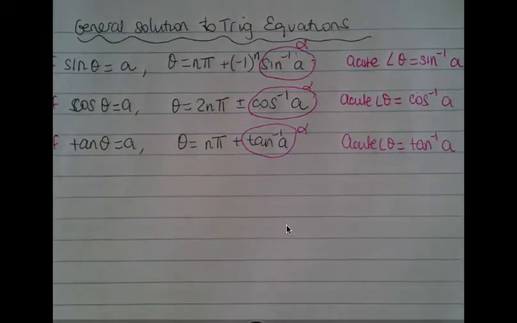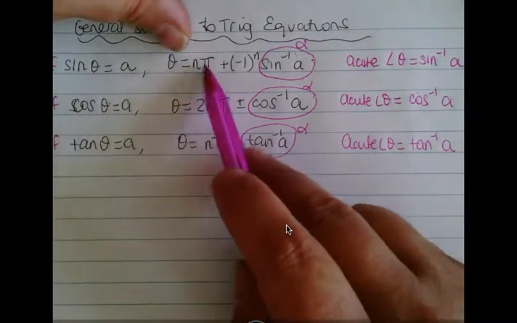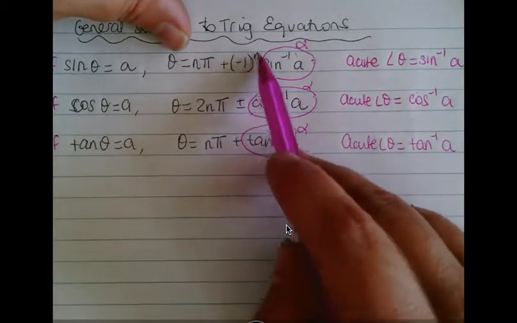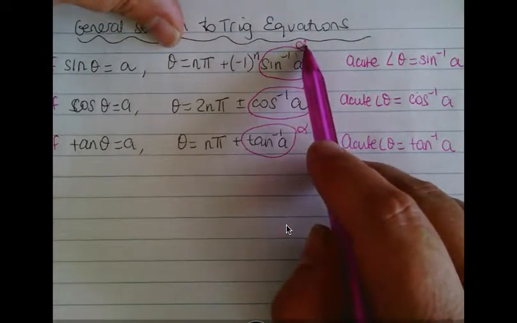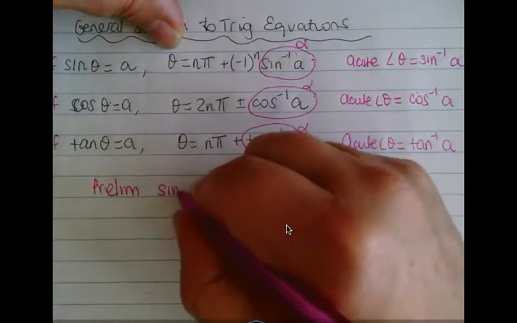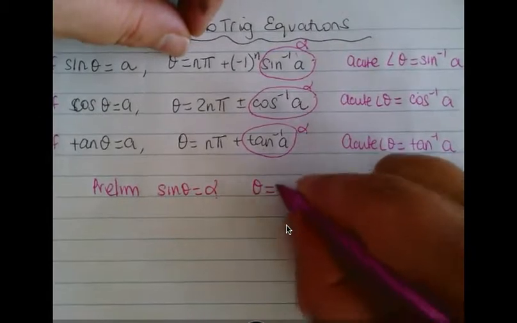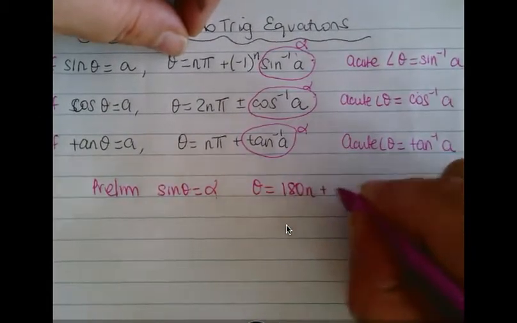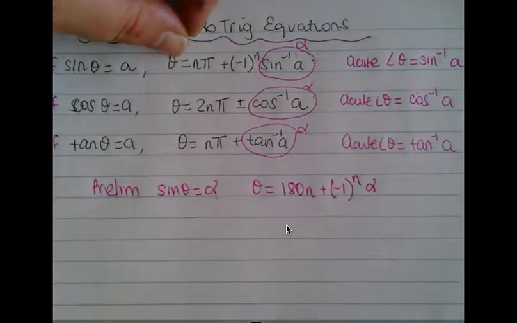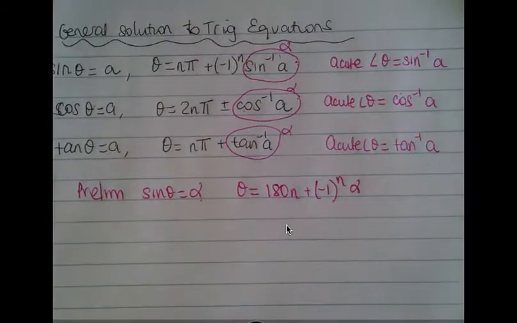So when we looked at prelim, this is how you saw the formula. You said theta is 180n plus -1 to the power of n times alpha, where alpha was the acute angle. So in prelim, we saw it like this: if sine theta is... no, not alpha, sorry.